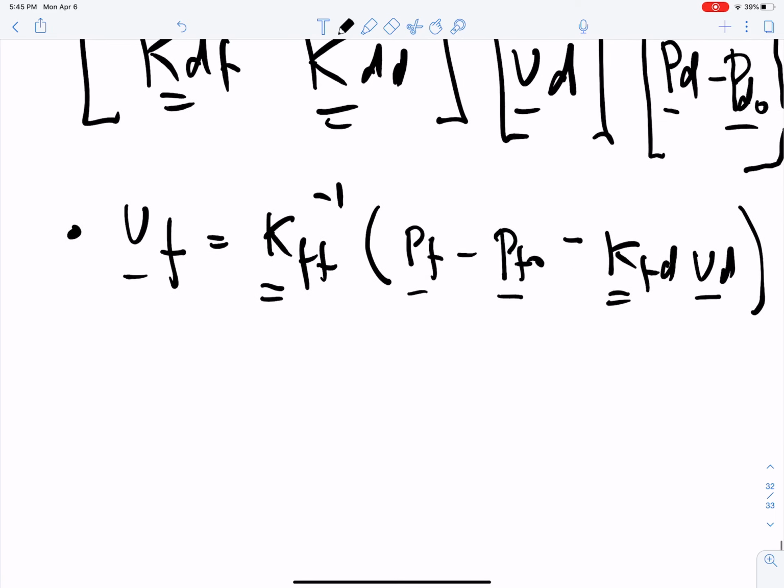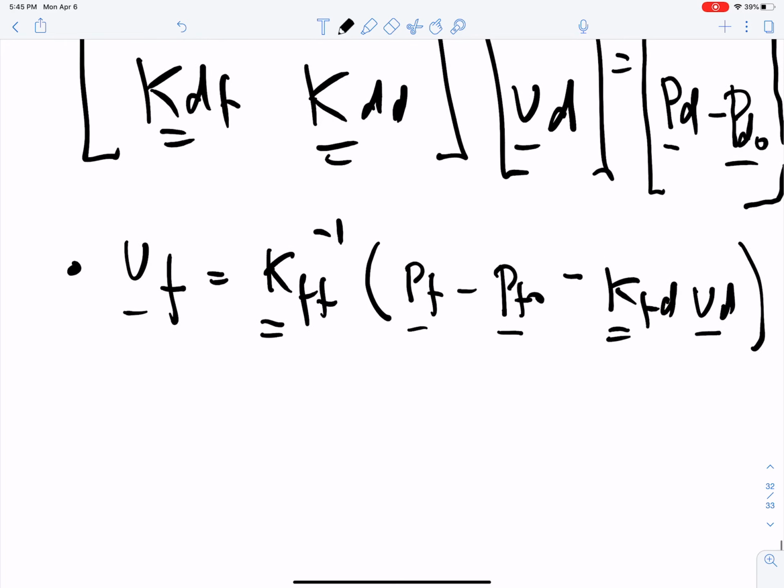Okay, once you have UF, your second step is then going to be the computation of the support reactions. Right? It's going to be PD. Okay? And PD will have 3 parts. Right?